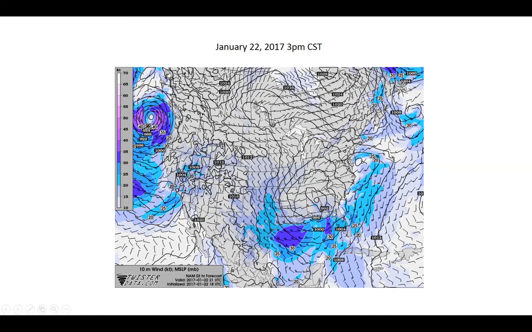And one thing I personally failed to do was check the isallobaric analysis, or perform one. And if we had, we would have seen that the greatest isallobaric response was right in through here, through southwest Georgia, which is where we were, but that the ageostrophic component, or the orientation of the surface wind barb to the isobars, was most perpendicular right in through here, or just to the east of Albany.